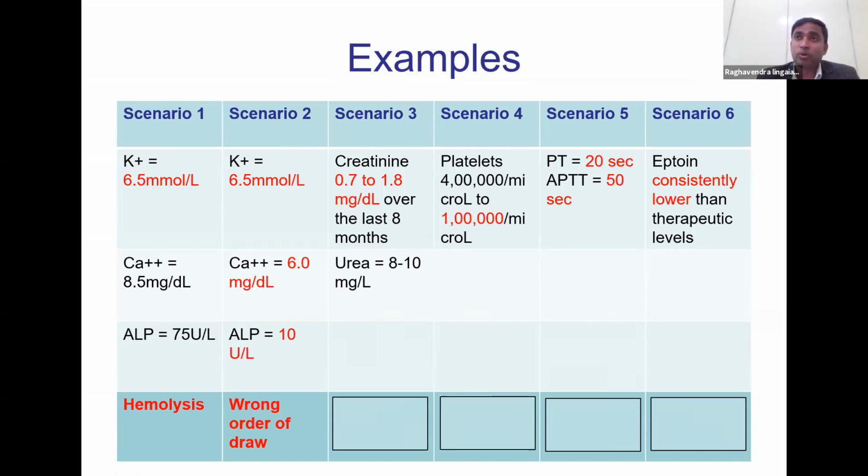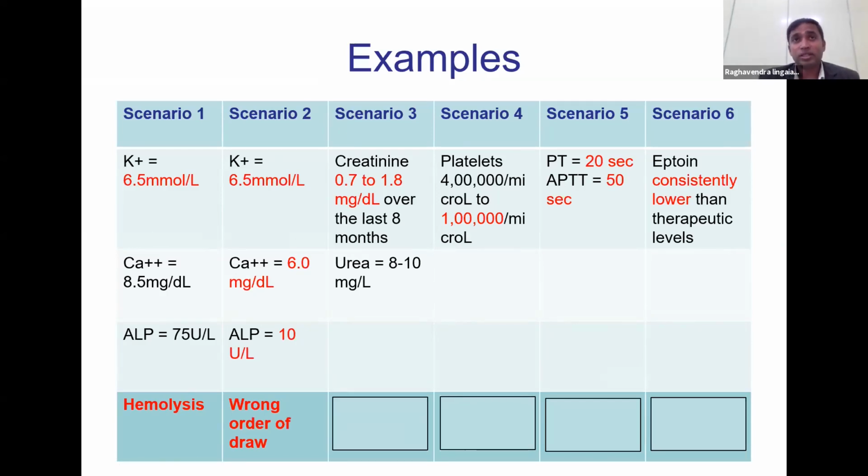When we examined the sample, it was a hemolytic sample, and even the LDH was high in that particular sample. So it was because of hemolysis. And the second sample is a classic example of wrong order of draw.